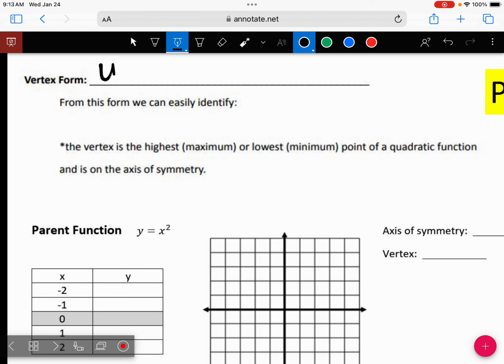So vertex form is y equals a, parentheses, x minus h squared plus k. We're going to talk about that form a lot. And in this format, you can easily find what we call the vertex.